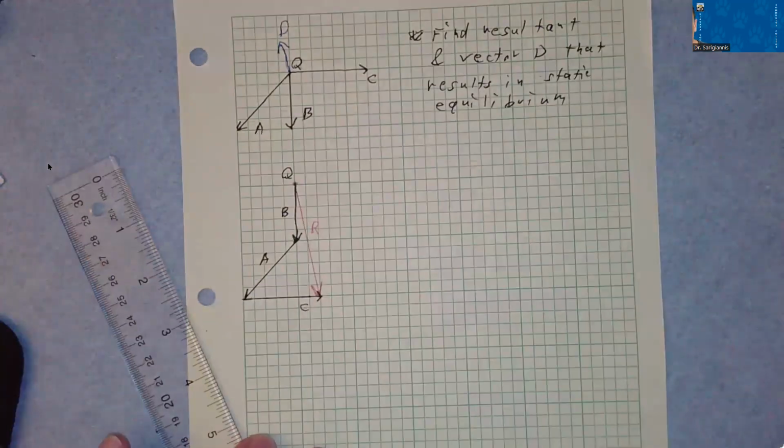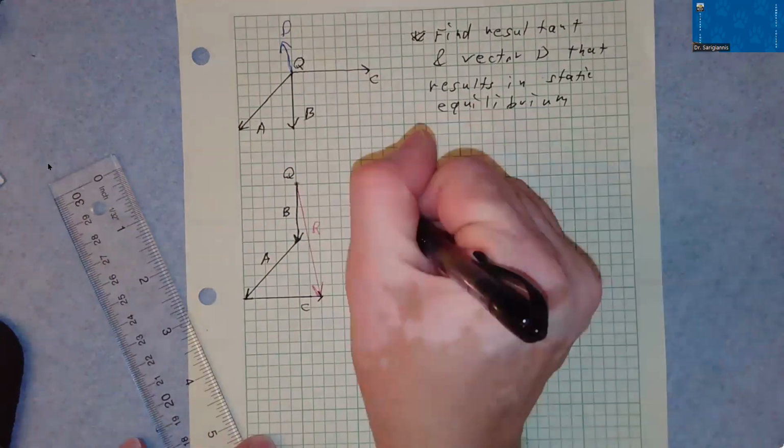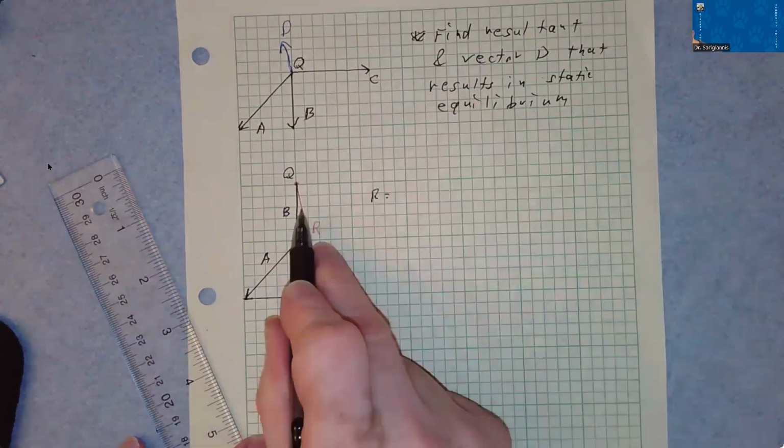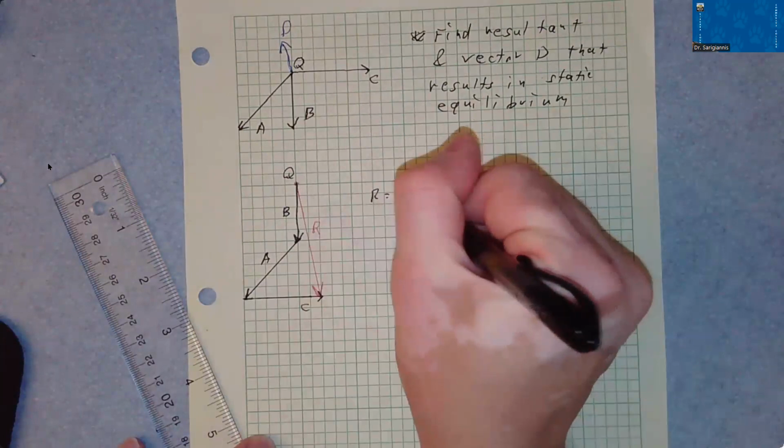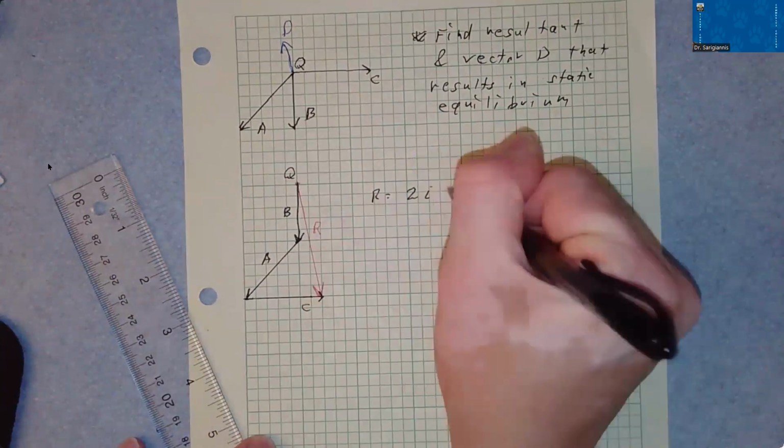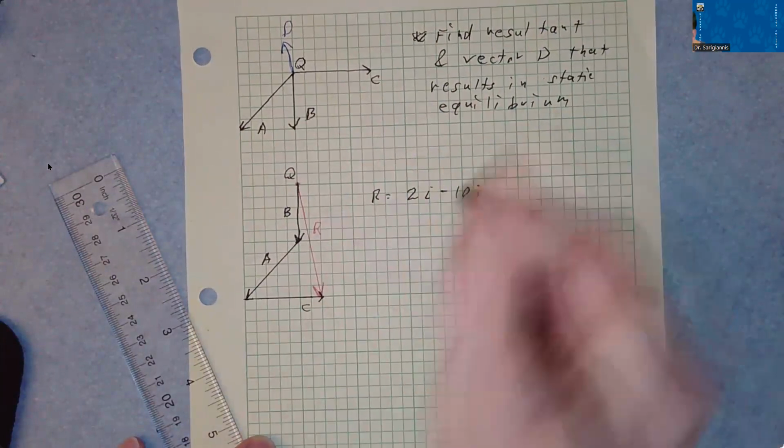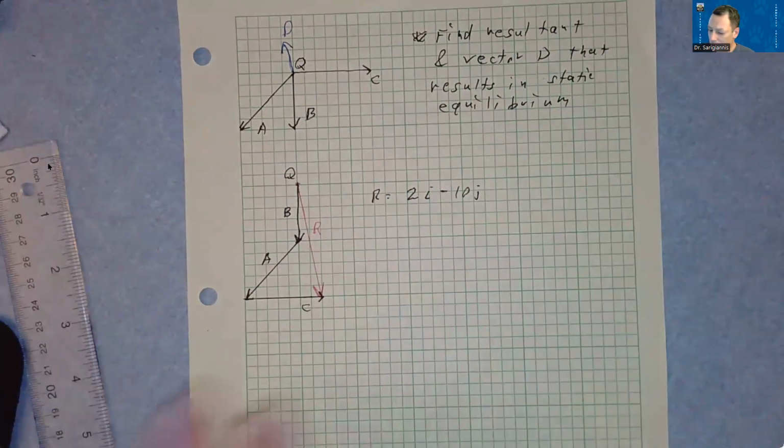This is our resultant, right? And notice this resultant is, let's see, 2I minus 10J, right? So those vectors add up to be 2I minus 10J.